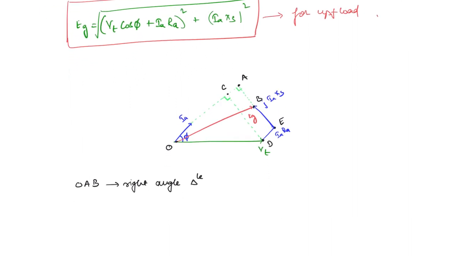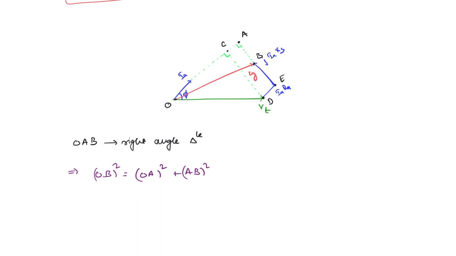So that means you can write OB whole square, the hypotenuse, is equal to OA whole square plus AB whole square. Okay. So now what is OA? This is equal to OC plus CA.